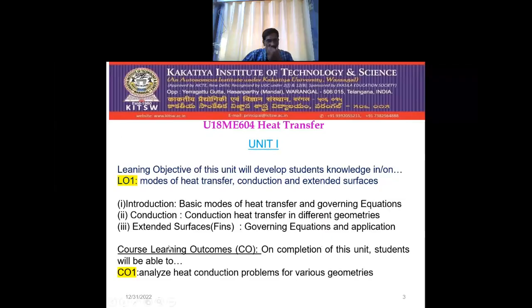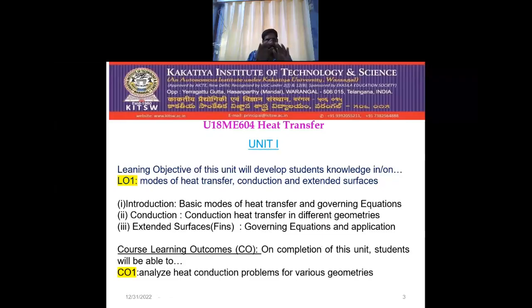In this chapter, you are going to discuss an introduction, that is the basic modes of heat transfer, the governing equations of the modes of heat transfer, what conduction is, and the various types of conduction heat transfer through different geometries like cubical components, cylinders, spheres, etc. As well as we study the other topic called extended surfaces, which is an application of heat transfer.